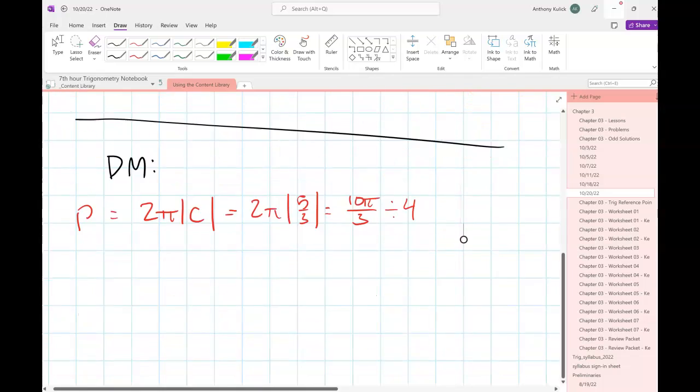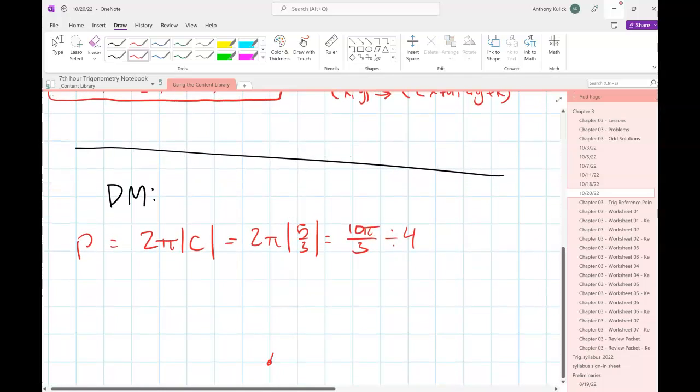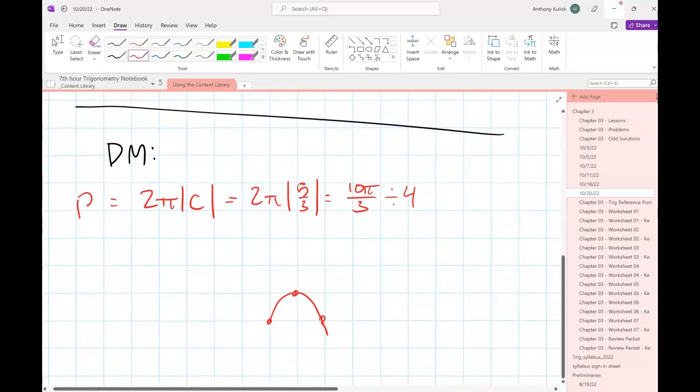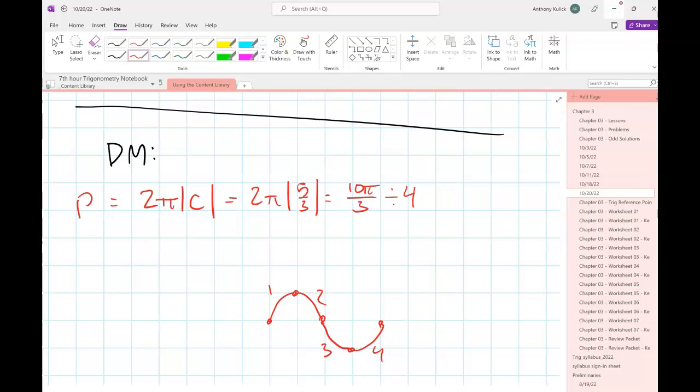Why am I dividing it by 4? Because when I graph one of these sinusoids, there's like 4 sections that I graph, right? 1, 2, 3, 4. And they're all equally spaced apart. If I take the period and divide by 4, that means every tick mark is where the next point's going to go. So it just makes it convenient for me.